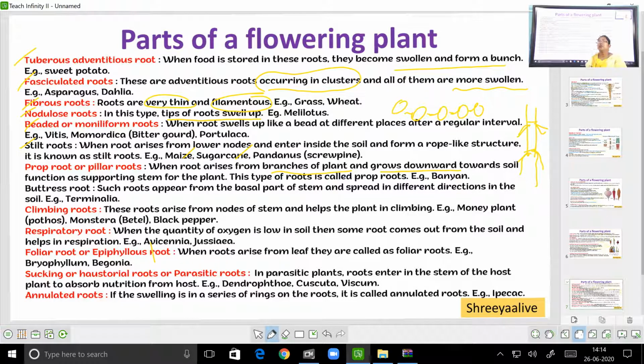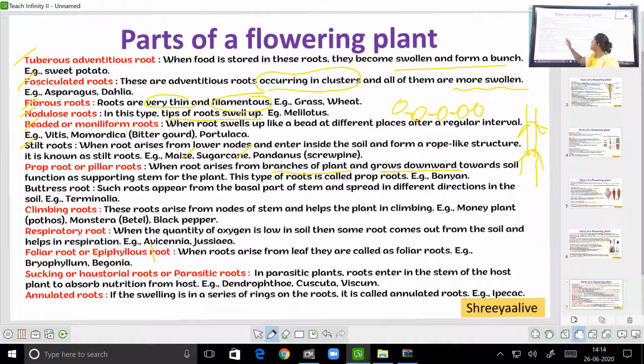In order to stand itself, the root comes from the branch of the plant, growing vertically downwards, or they may even not touch the surface of the soil, but that gives the additional support for the tree to stand itself.